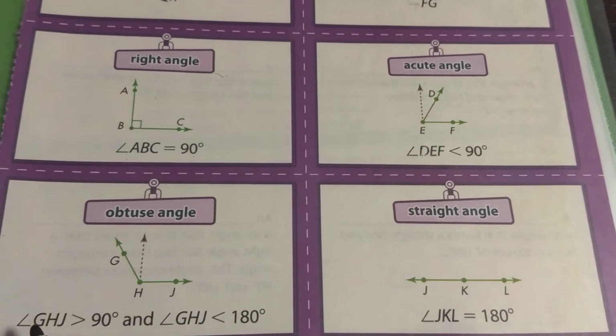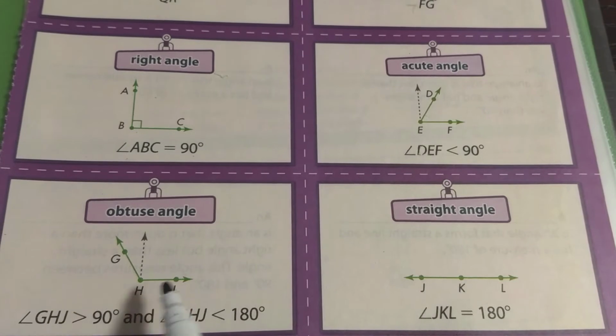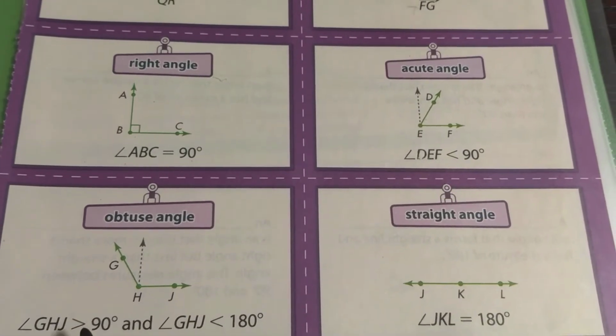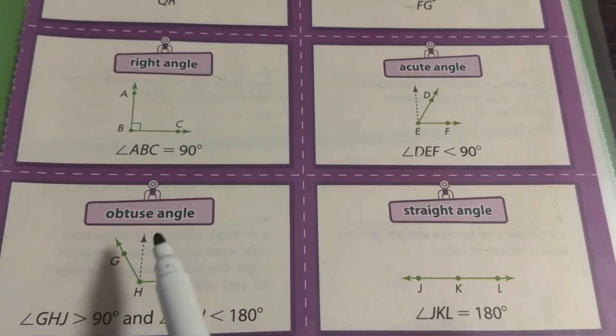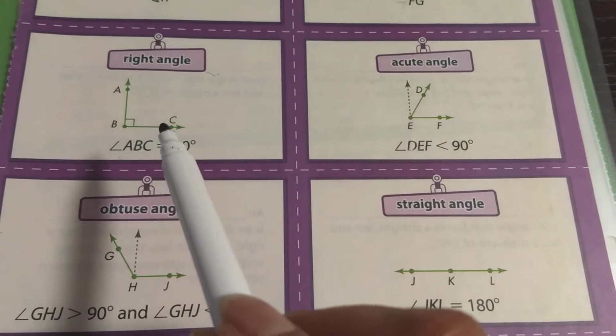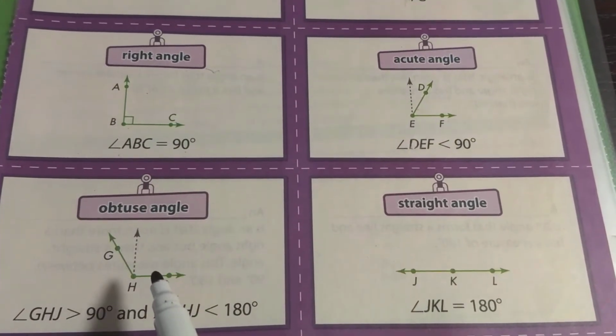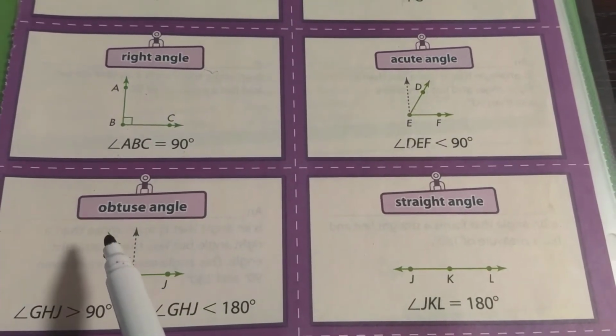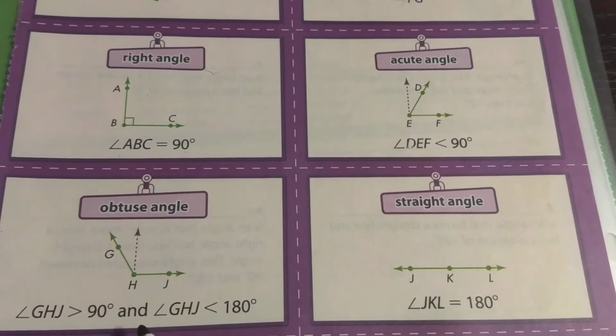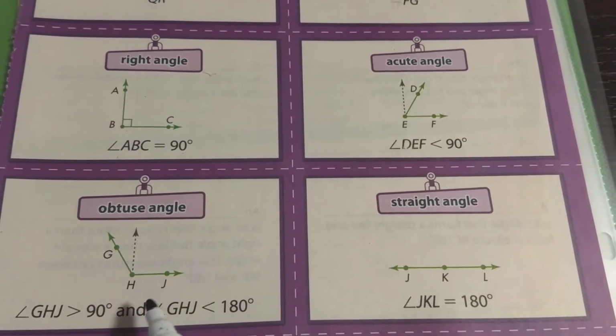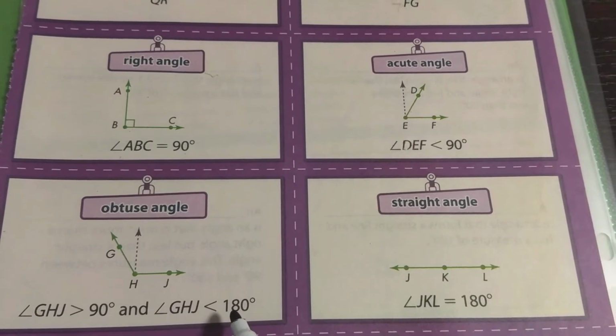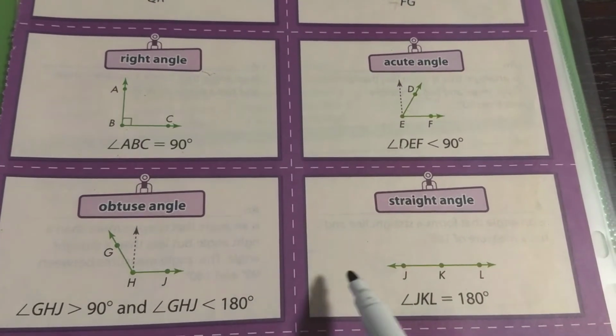Okay, so angle GHJ is greater than a 90-degree angle. 90-degree angle is a right angle. Okay, so it is greater than that angle. The opening is wide. And angle GHJ is less than a 180-degree angle. What's a 180-degree angle?